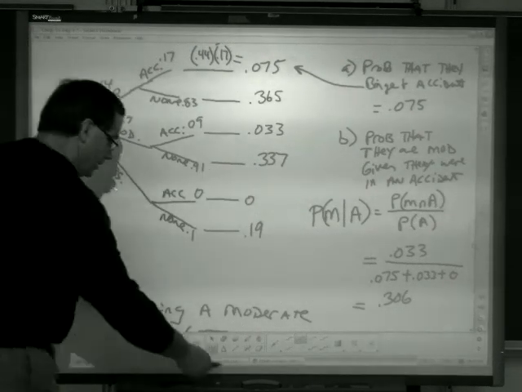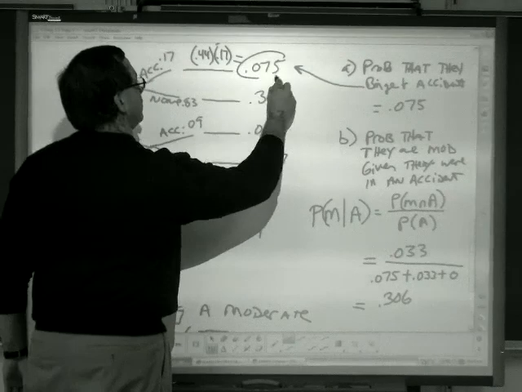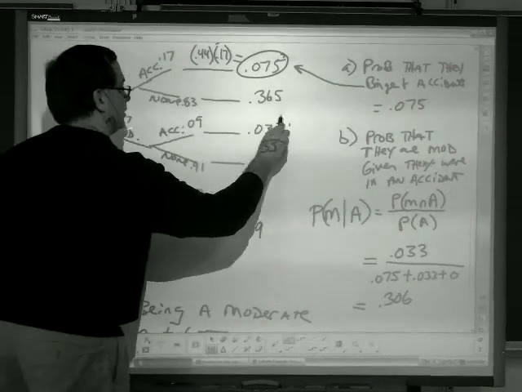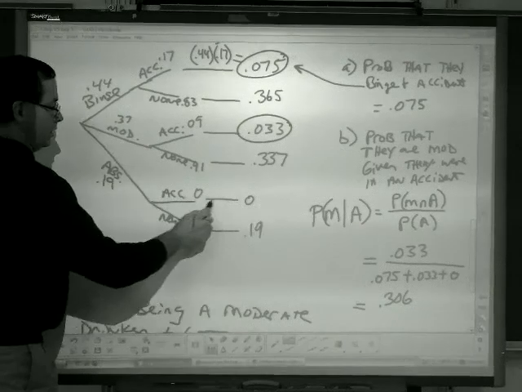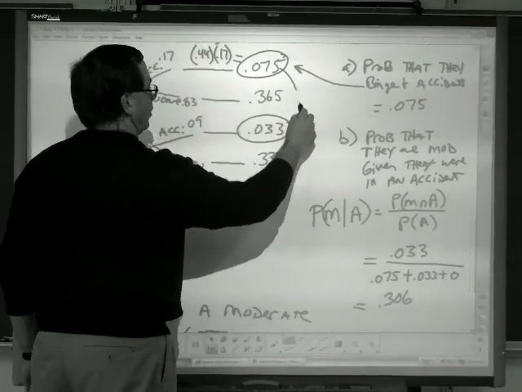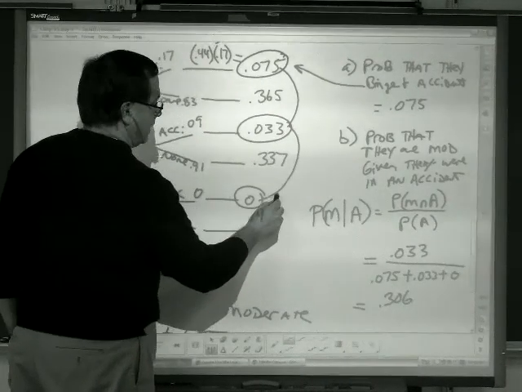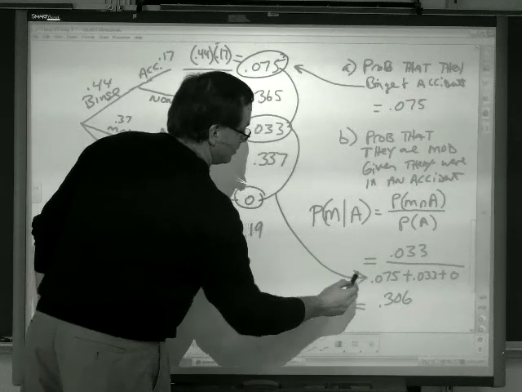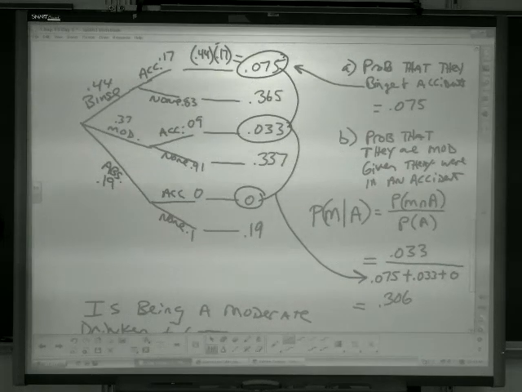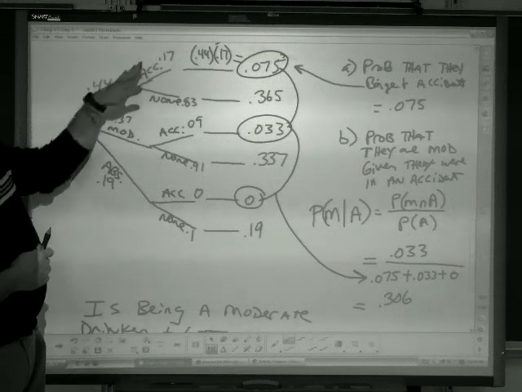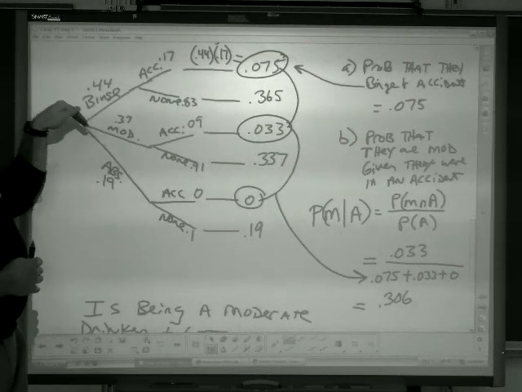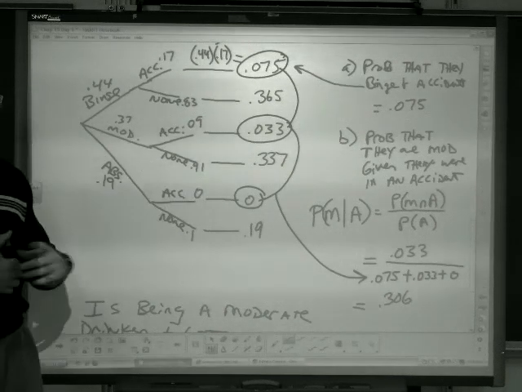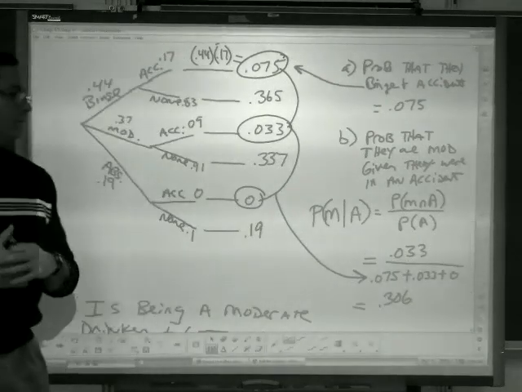So for accident, you're going to take this number, this number, and this number, all three of these numbers, add them up, and that's the probability someone's in an accident. Because accidents could happen to binge drinkers, to moderate drinkers, and to abstainers. Even though it doesn't happen there, it still has to be accounted for.